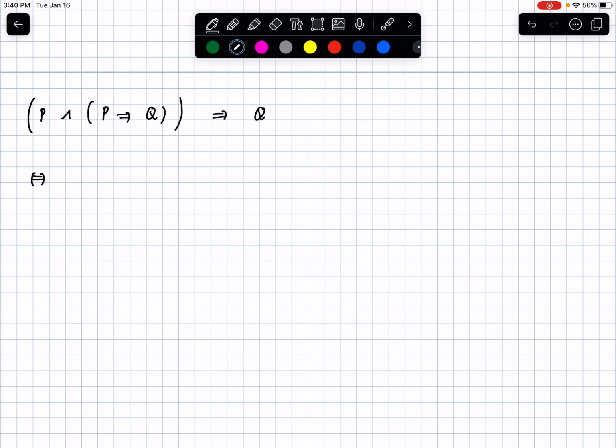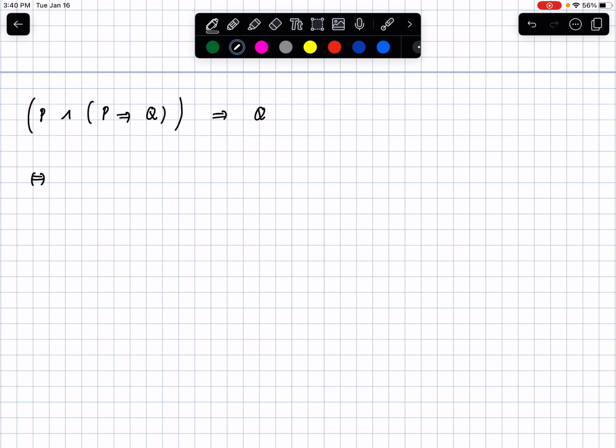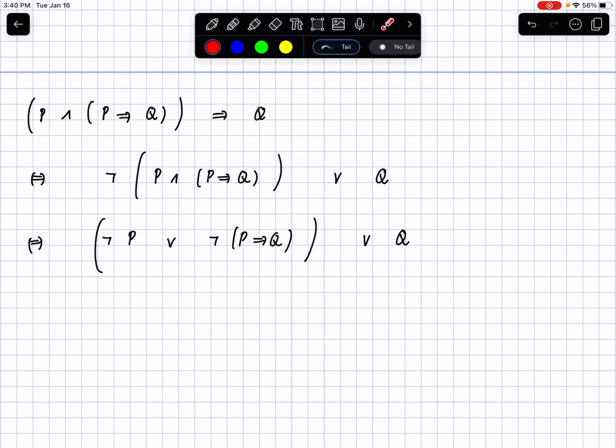So big P implies big Q is equivalent to not (P and (P implies Q)) or Q, right? This is equivalent to not P or not (P implies Q), or Q. Does this make sense?